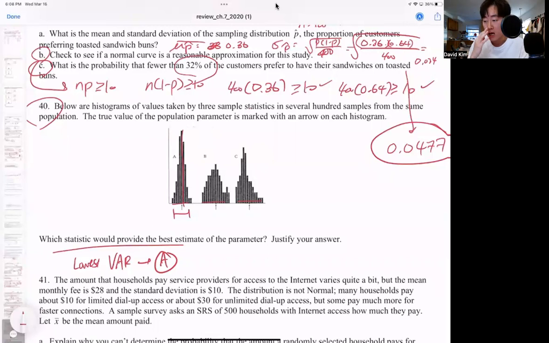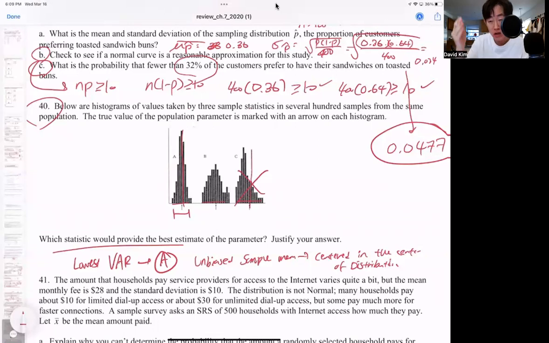So you want to pick A. The answer key says both statistics A and B appear unbiased, because they are centered around the center of the distribution. In addition, statistic A has lower variability than B. C is the worst case scenario because its center is not even on the center of the distribution curve. So A is best because, in comparison to B, it has lower variability.